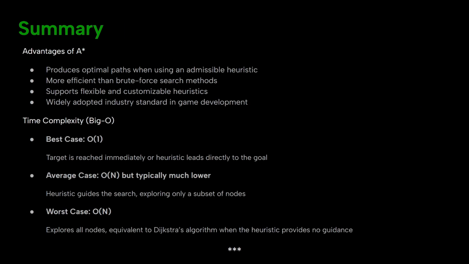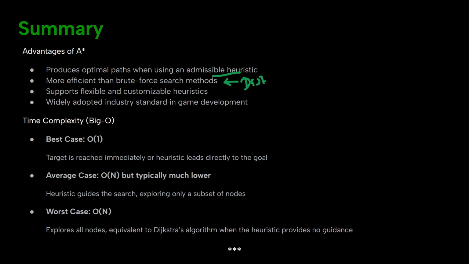Okay, a quick summary. What are the advantages of the A-star pathfinding algorithm? Basically it produces an optimal path from start to target by using heuristics, and this is much more efficient than brute force algorithms like Dijkstra.